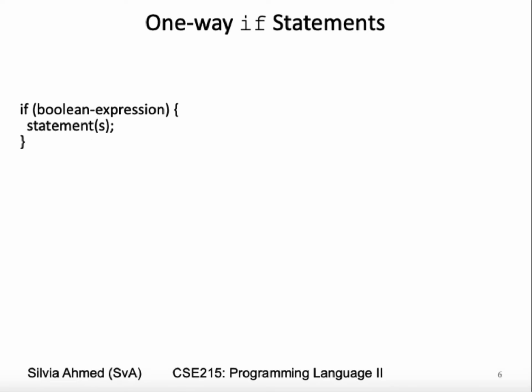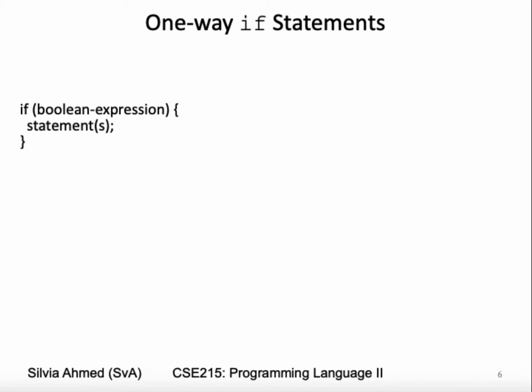So the rule is, if this condition is true, then we will enter into this block, execute these statements, and then we will get out of this block. If the condition is false, we will skip this entire block and go to the next part of the program.